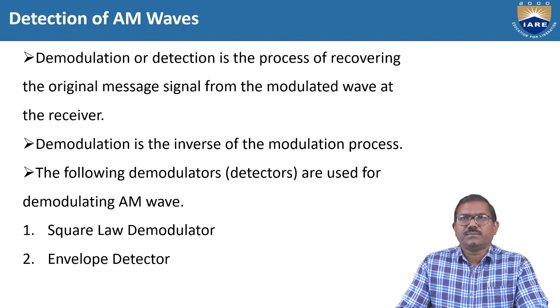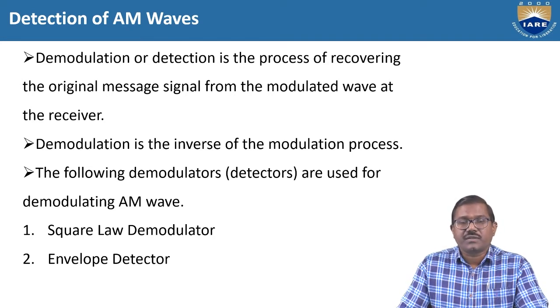So first, what is demodulation? Demodulation or detection is the process of recovering the original message signal from the modulated wave at the receiver. Already we discussed the communication system.